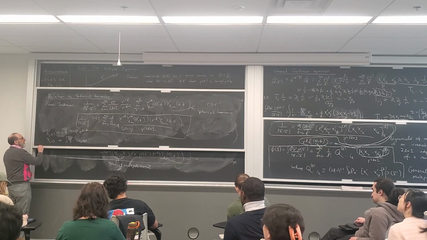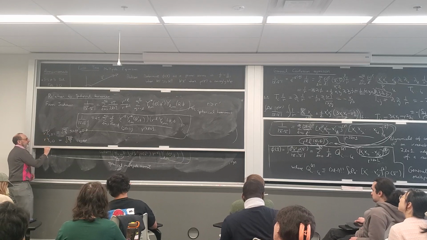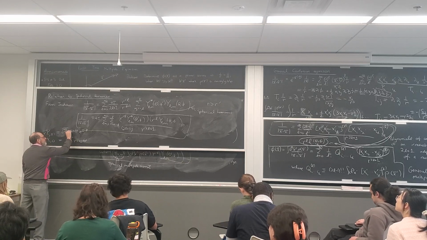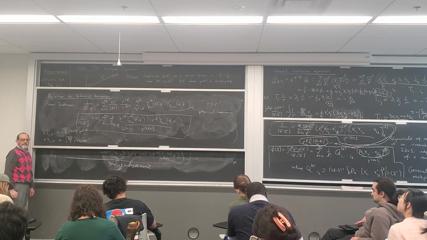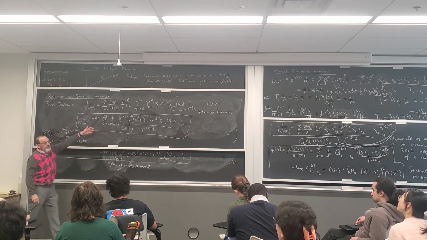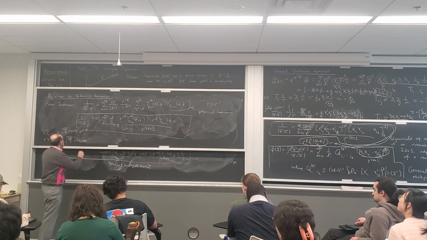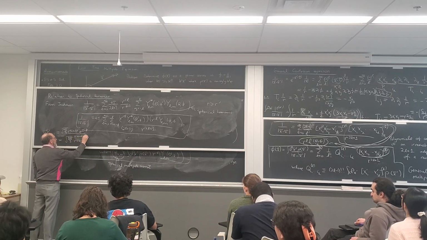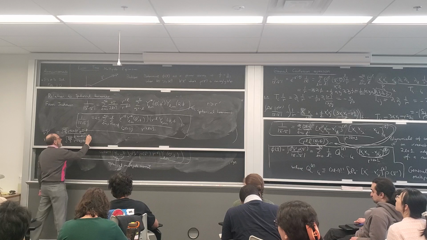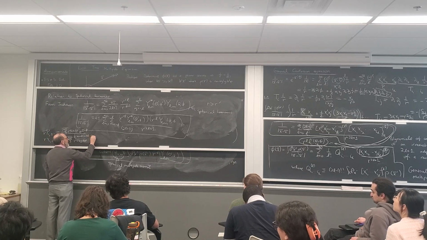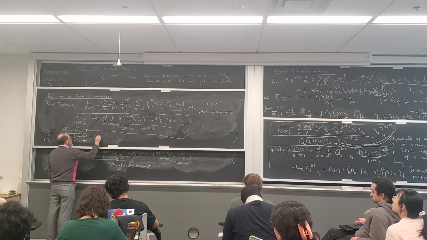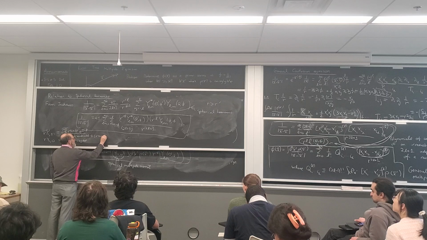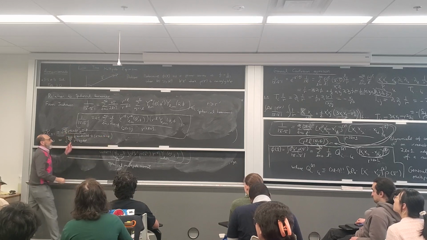Let's look at r times this, because that's what comes in to power 1. This is equal to r sine theta cos phi plus or minus i r sine theta sine phi.